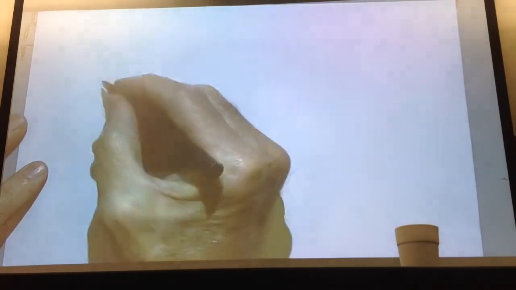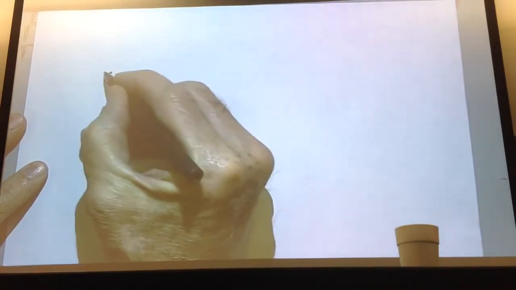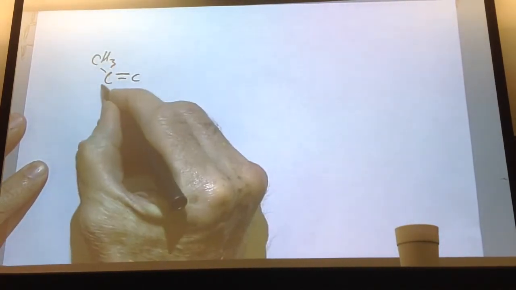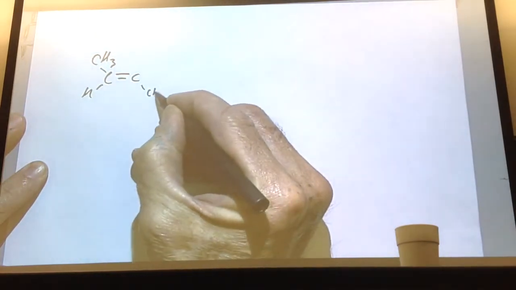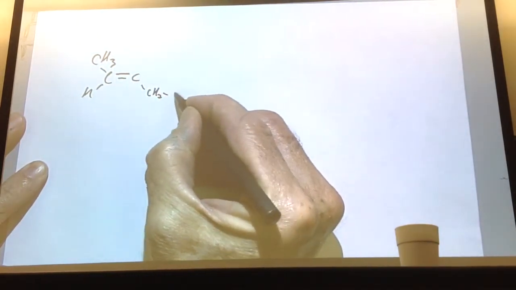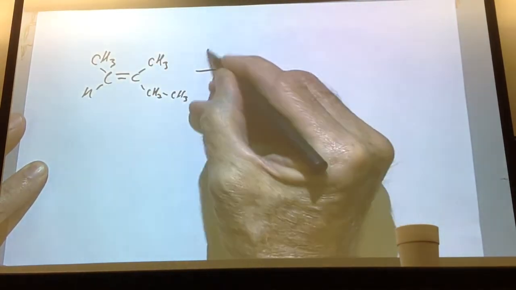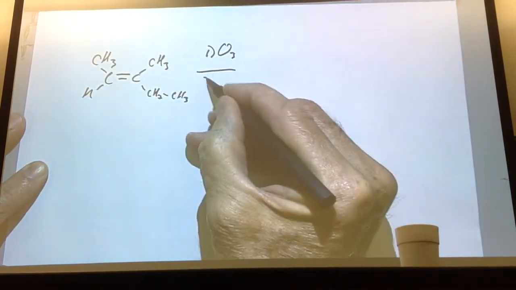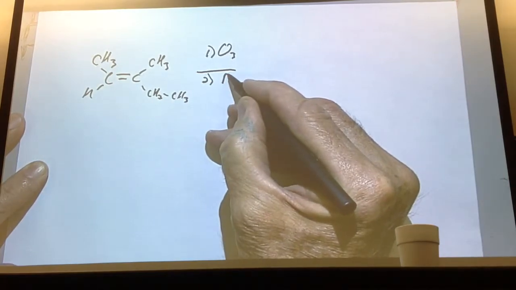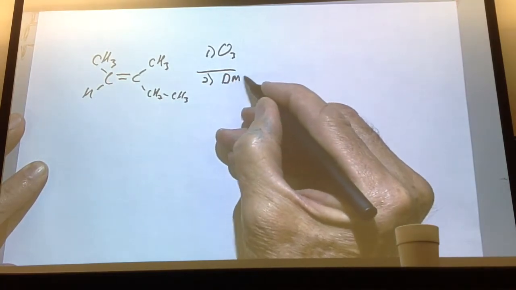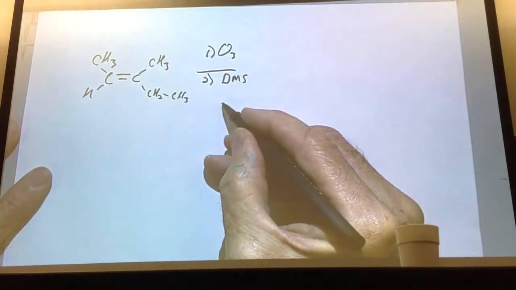But anyway, let's just take any molecule. Let's take this. First step, add ozone. Second step, add dimethyl sulfide.